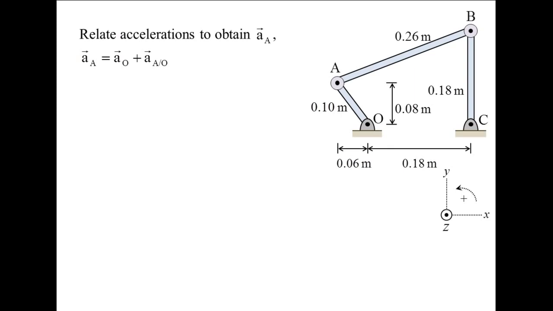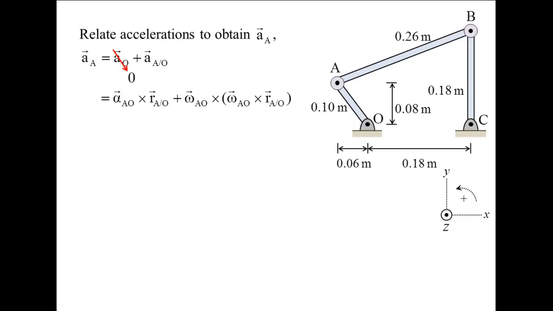The acceleration of point A is obtained by relating the acceleration of points A and O. The acceleration of point A is equal to the acceleration of point O plus the acceleration of point A relative to point O. The acceleration of point O is 0 since it is fixed. The relative acceleration term is decomposed into tangential and normal components.